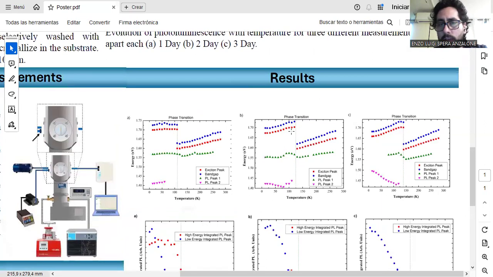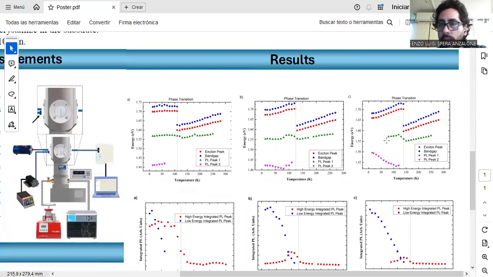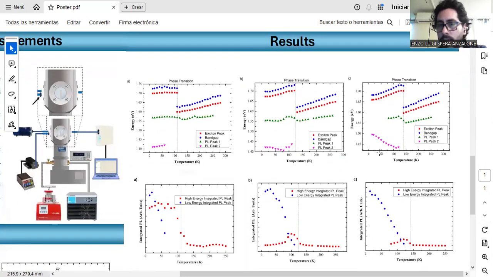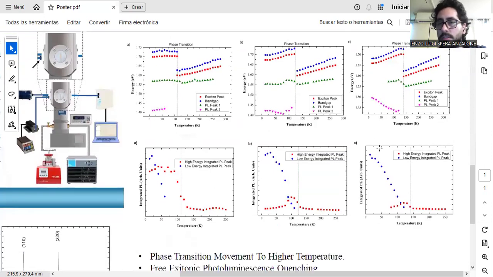This also allows us to see where the phase transition from tetragonal to orthorhombic phases is located: initially at 110 Kelvin, then 125, and finally for the third day at 140 Kelvin. So the degradation process has moved the position of the phase transition, but also changes the intensity of the photoluminescence spikes.